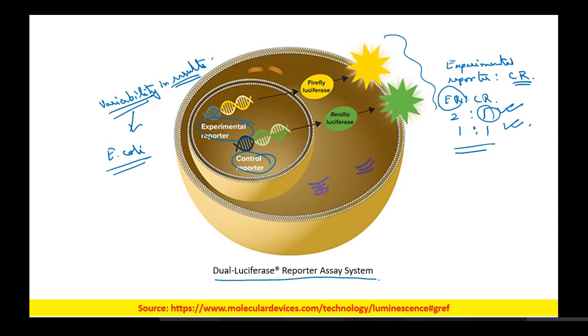So using this dual luciferase reporter assay system, it allows you to overcome the variability of the biological systems. Okay. However, you need to keep in mind that the emission wavelengths of both these systems, the control reporter and the experimental reporter, should be wide apart, so that you can analyze the data in a meaningful way.